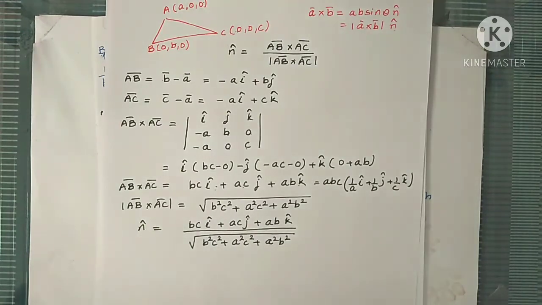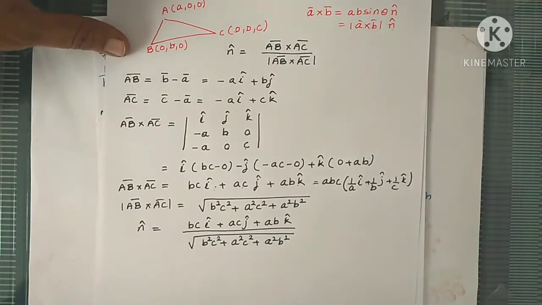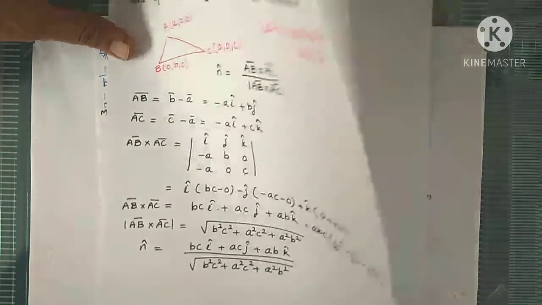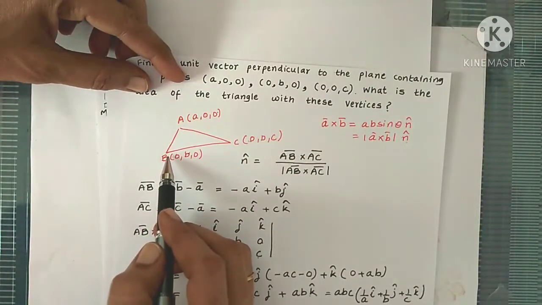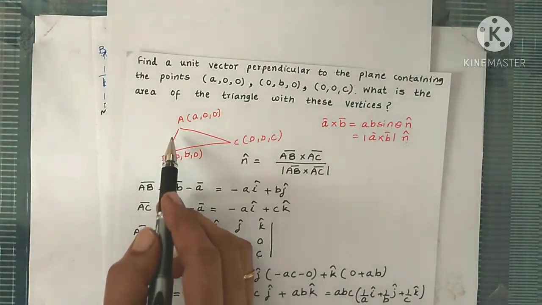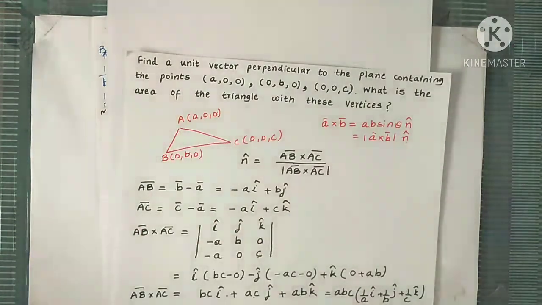So this way also we can write the vector AB bar cross AC bar, but this one is okay. And we have to find area of the triangle. So area of the triangle is half magnitude of cross product of any two adjacent sides. So it is AB bar cross AC bar. So we have the modulus here. So we have to just multiply by half.